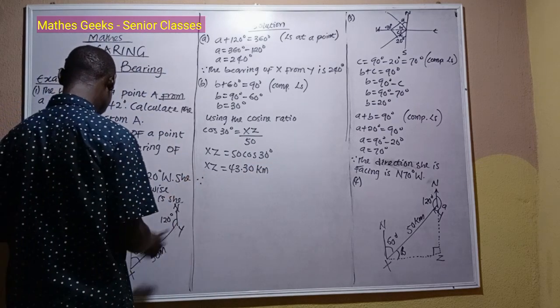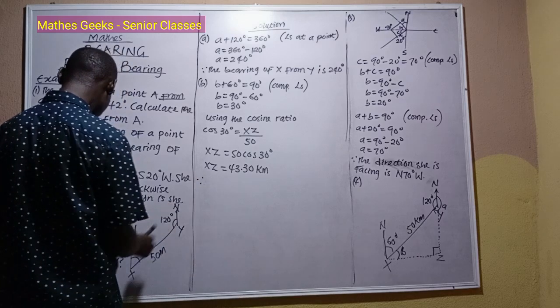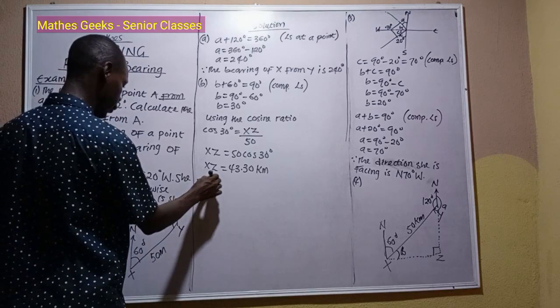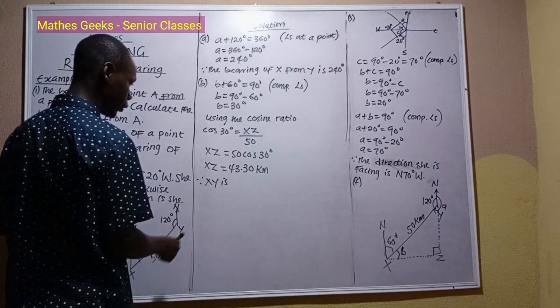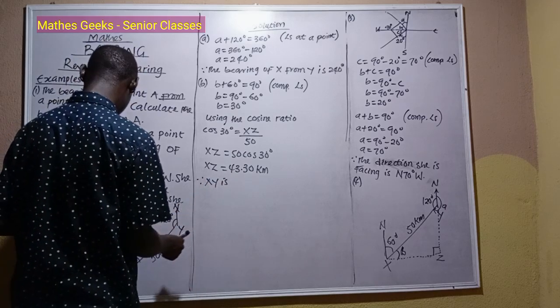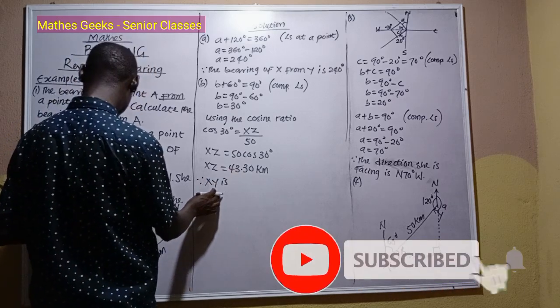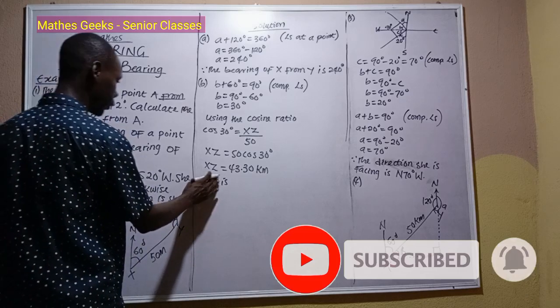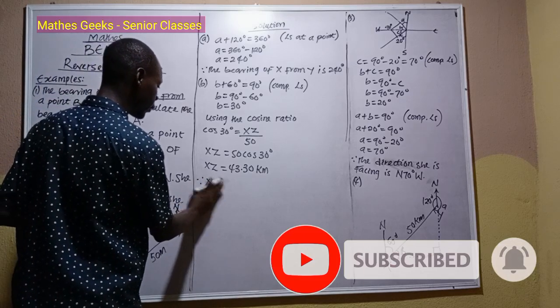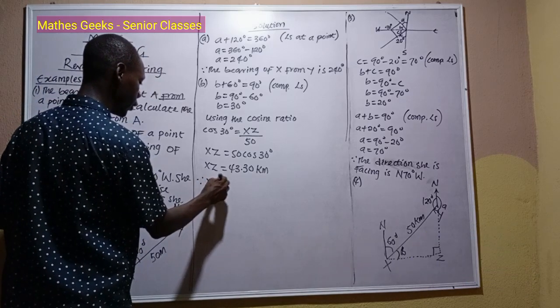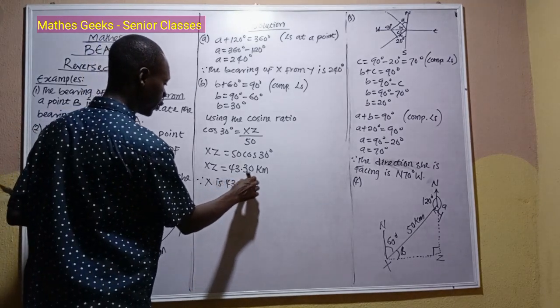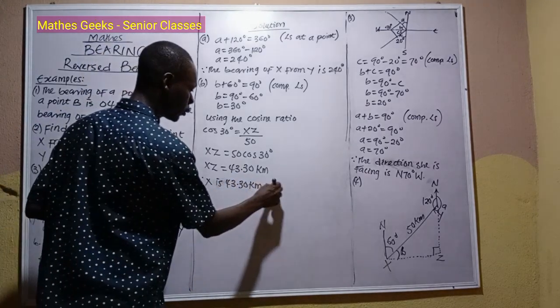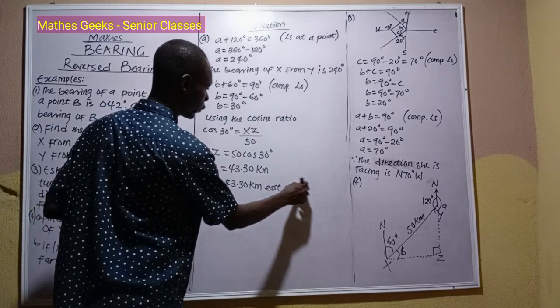Therefore, y is 43.30 kilometers east of x.